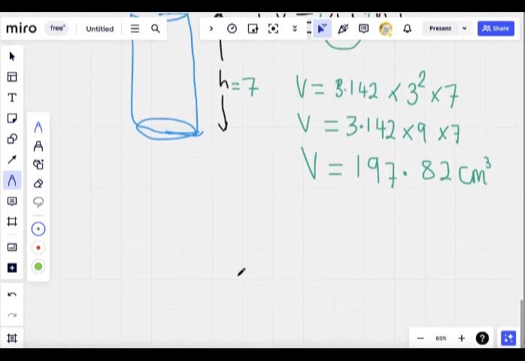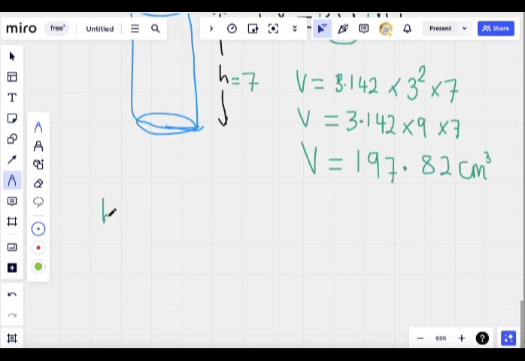Now the total surface area, which is the B part of this question, is to calculate the total surface area of this cylinder.